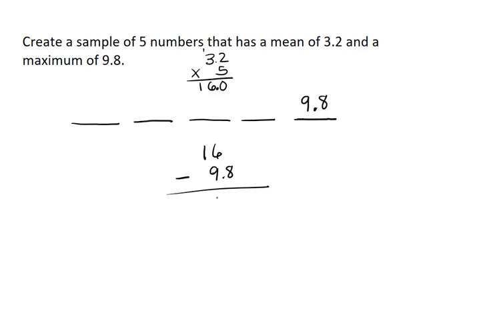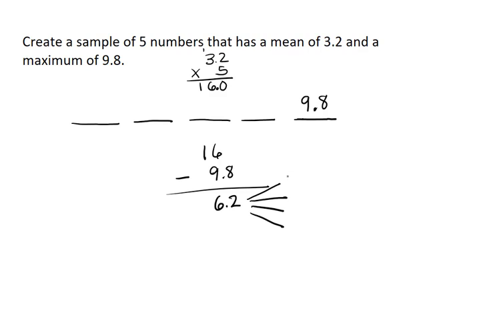This gives me 6.2 as my remainder. So somehow I have to break 6.2 up into 4 more digits so that when I add them all together, I get 16.